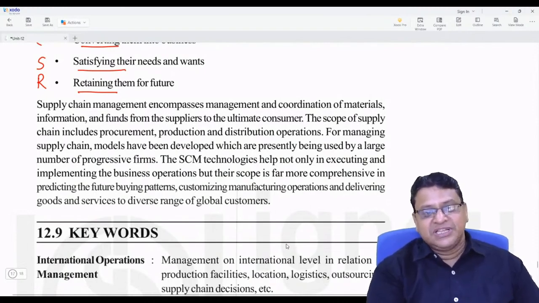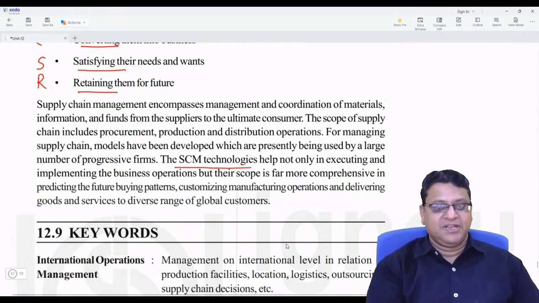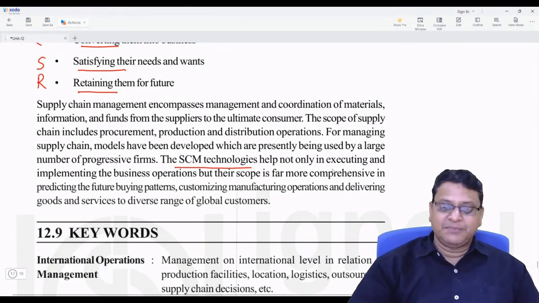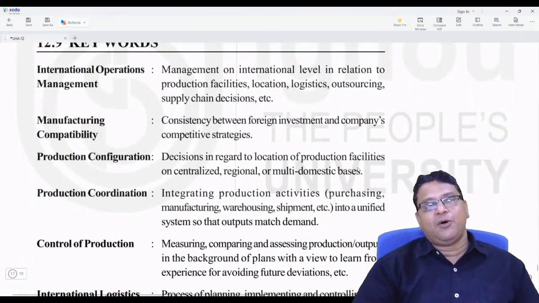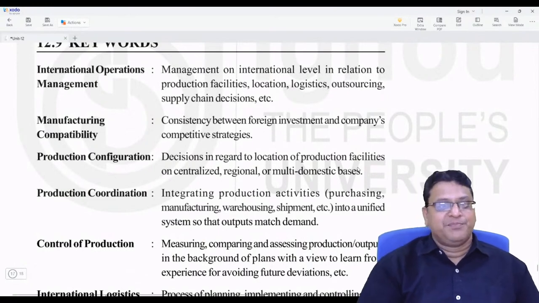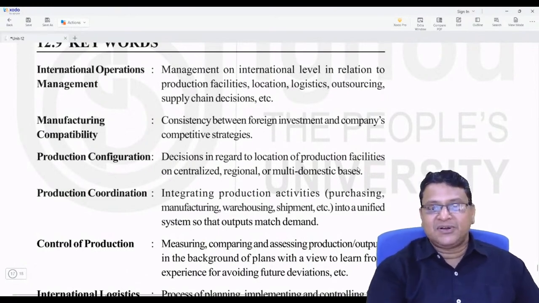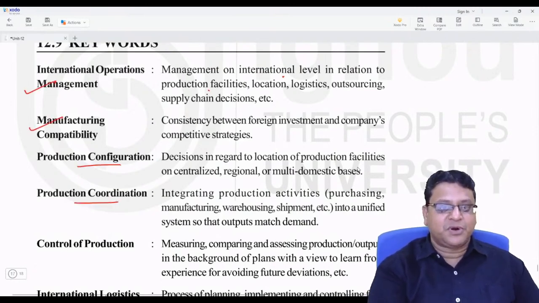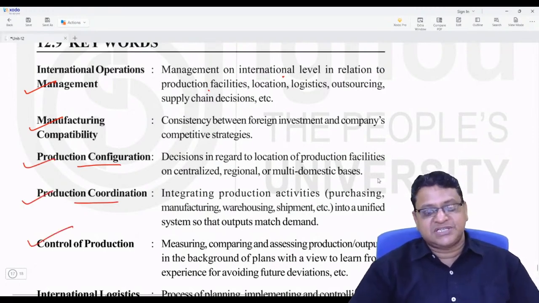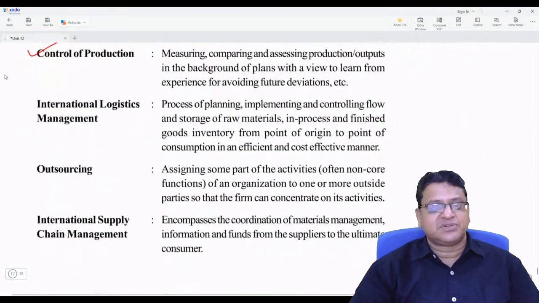Then we have discussed the use of different technologies in supply chain. In our discussion today, we have covered some keywords: international operations management, manufacturing compatibility management, product configuration, product coordination, control of production, and international logistics.